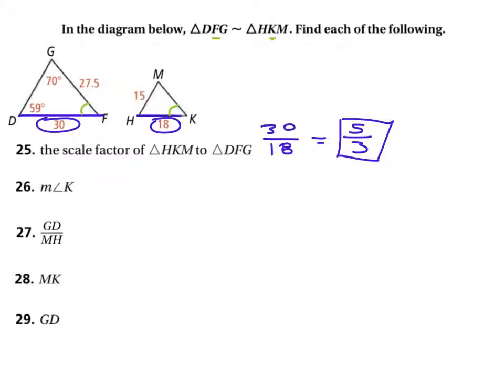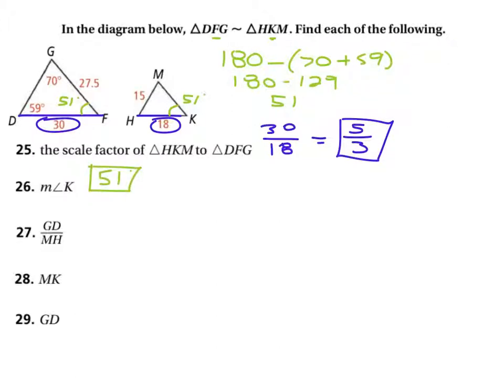So we say 180, the total number of degrees, minus the sum of 70 and 59, or 180 minus 129, which works out to be 51 degrees. So this angle F is 51 degrees, and therefore this angle K is also 51 degrees because they correspond. That's the answer for that.